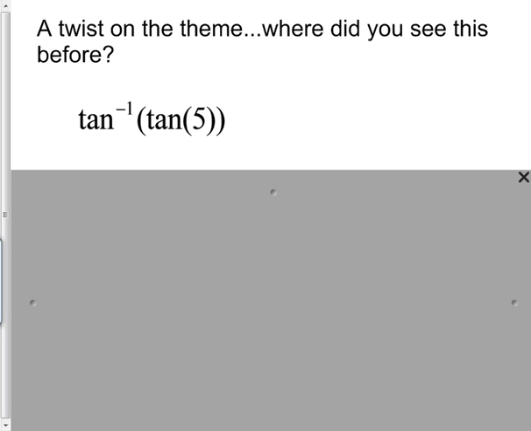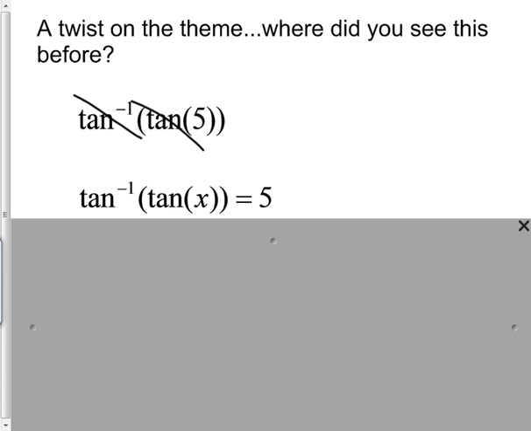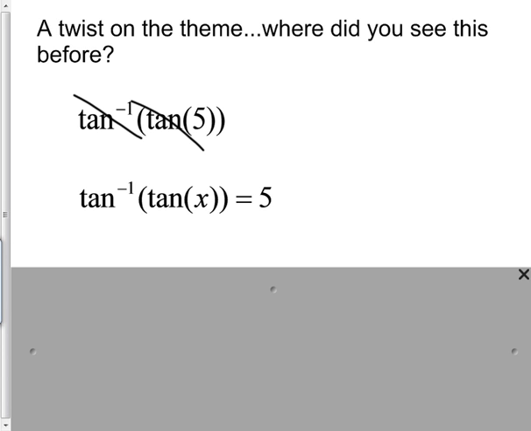Why is it just 5? Yeah. Inverse tangent cancels tangent. Remember? All right. Slide this down, see what joy we have waiting down here. Can I make those cancel also? Yeah. Therefore, x equals 5.